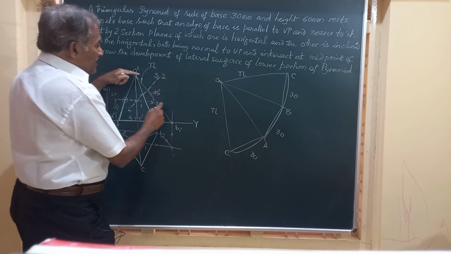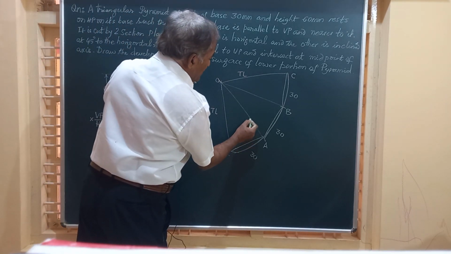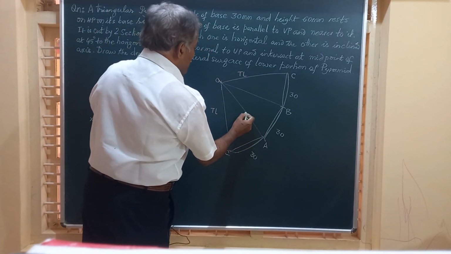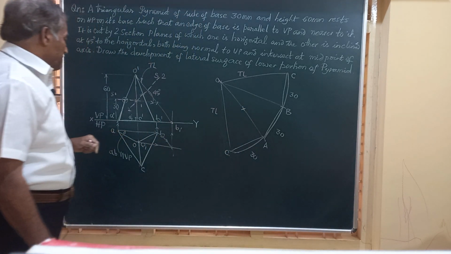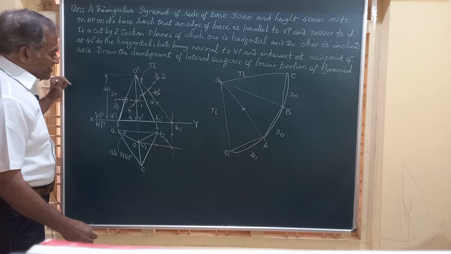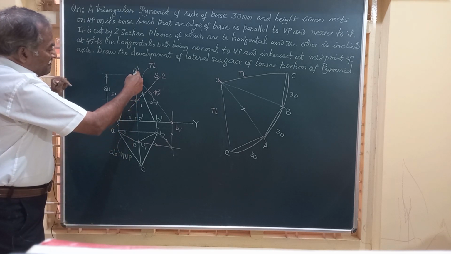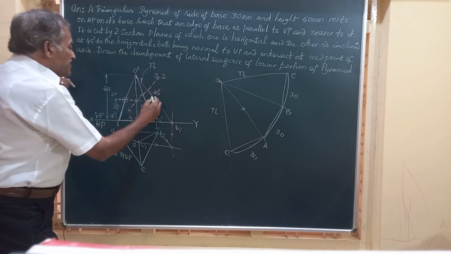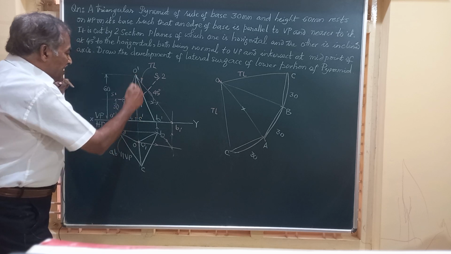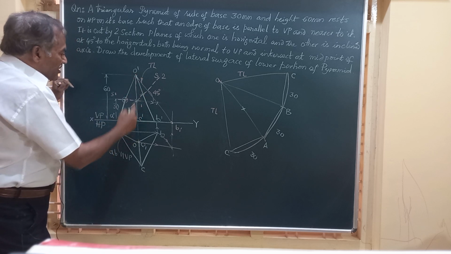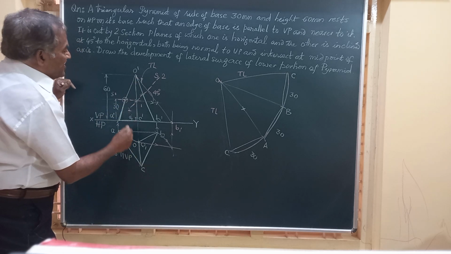This much is to be taken on OA. So suppose it is almost at the center, we take a point on OA there. Then friends, it is cutting this edge, that is it is meeting on the line OC, but OC is also not the true length.